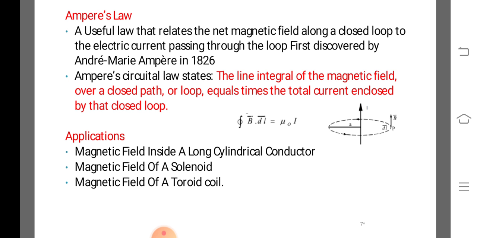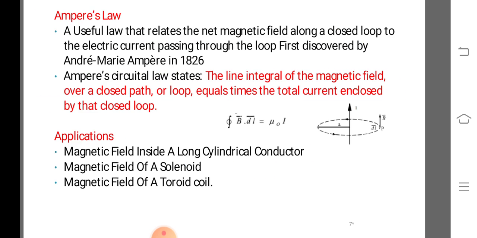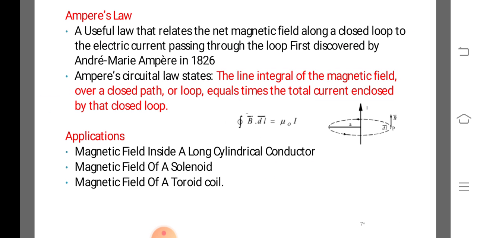Then, magnetic field intensity due to a straight conductor. Find the field intensity at a point P due to a straight conductor carrying current I, represented as dH equal to I dl cross R by 4 pi R cube.